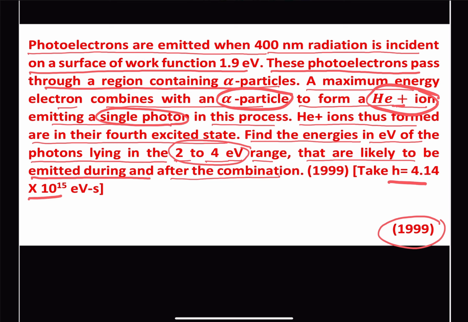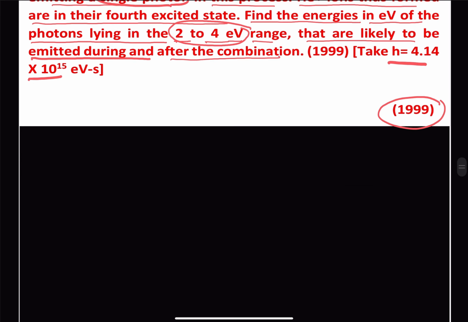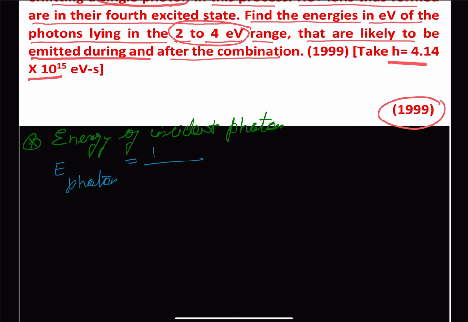So first of all, we are going to find the energy of the incident photon, and let us call this E photon, which will be equal to, in terms of electron volt, normally the formula is hc upon lambda, and in terms of electron volt we can write this as 1240 upon lambda.